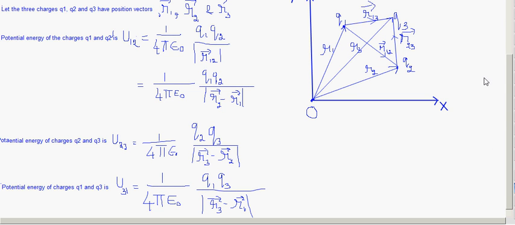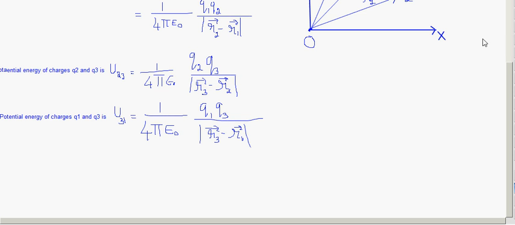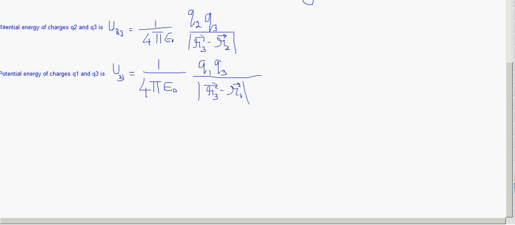Now the net potential energy of the system is the sum of these. The net potential energy of the system is U equal to U12 plus U23 plus U31.